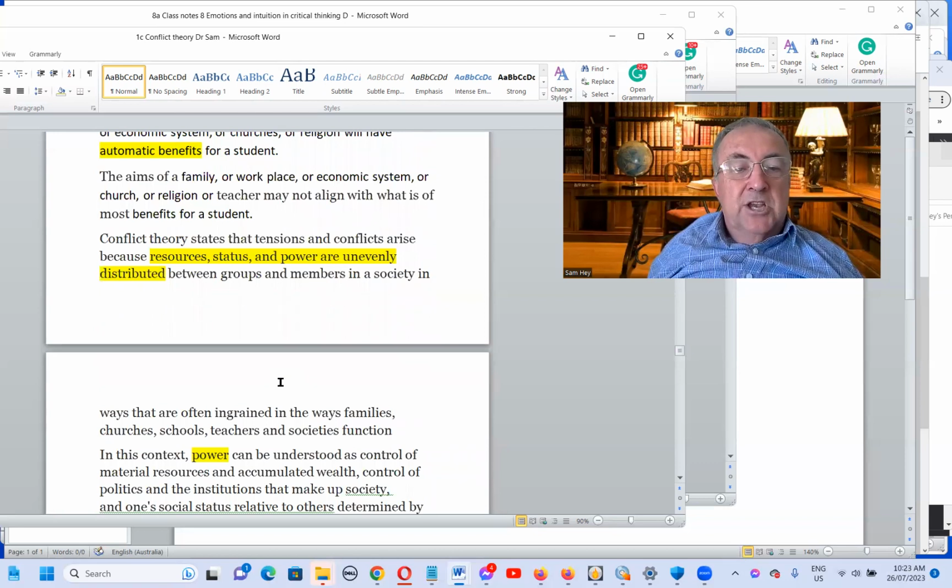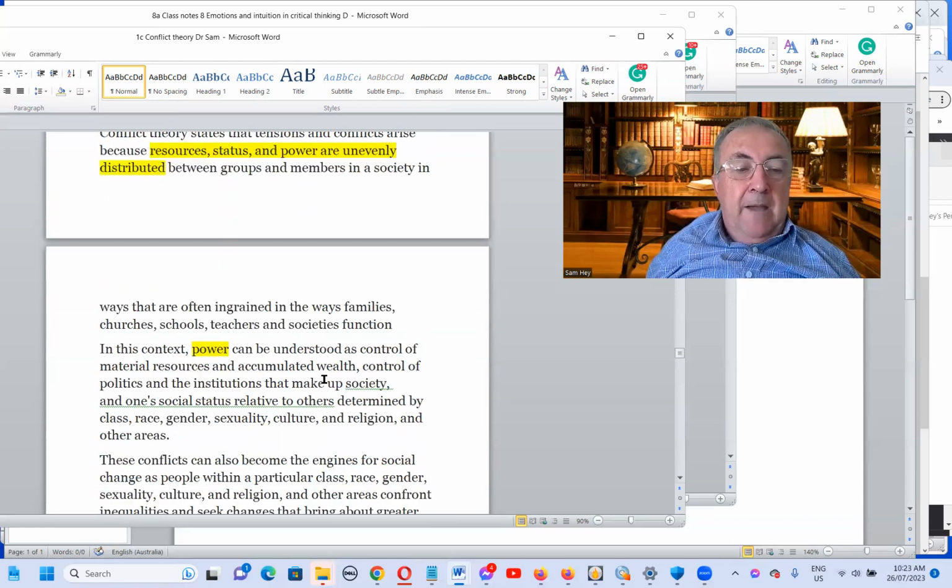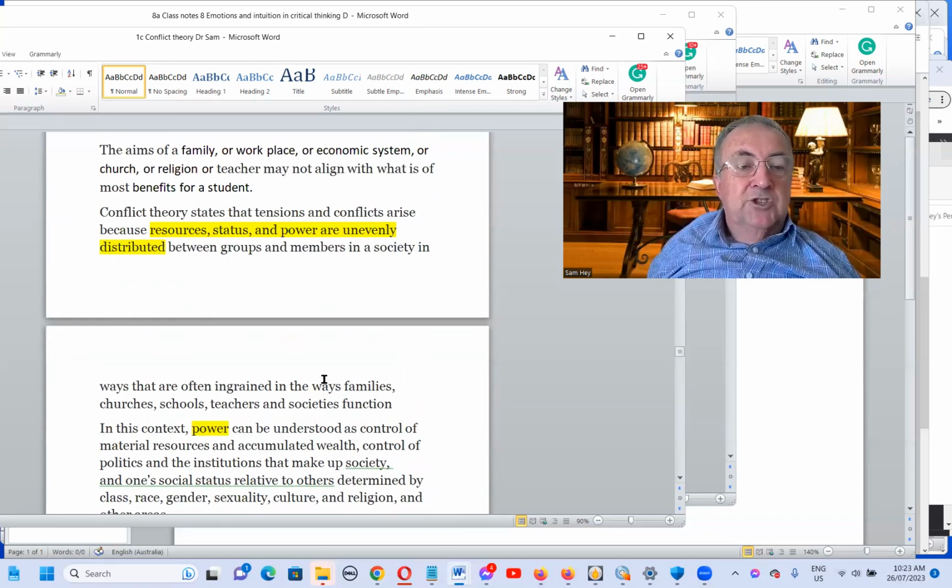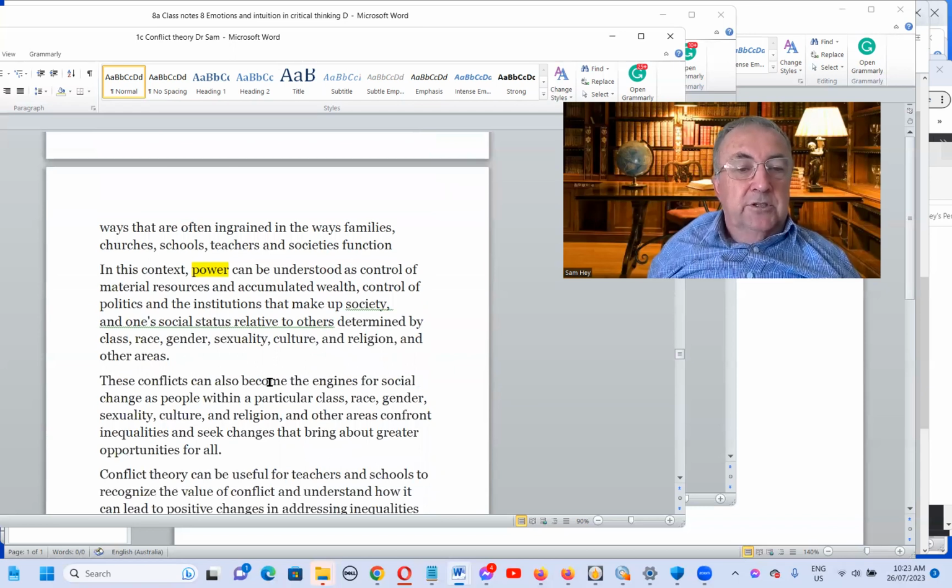Conflict theory states that tensions and conflicts arise in the natural recognition of differences of viewpoint and differences of allocation of resources and status and power, because these are unevenly distributed between members of a group and between groups in society, between genders and between different classes in society and different cultures.